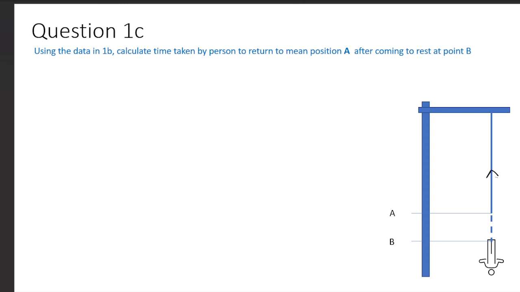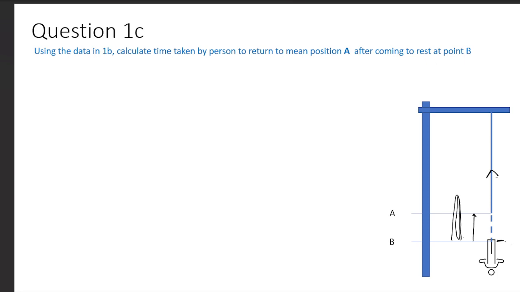So as we have already discussed, the person will start oscillating and this rope is elastic. So the person will go back and forth like this. So as the person comes to rest at the maximum elongation of the rope, here the final velocity becomes 0, and now the person starts returning back here.